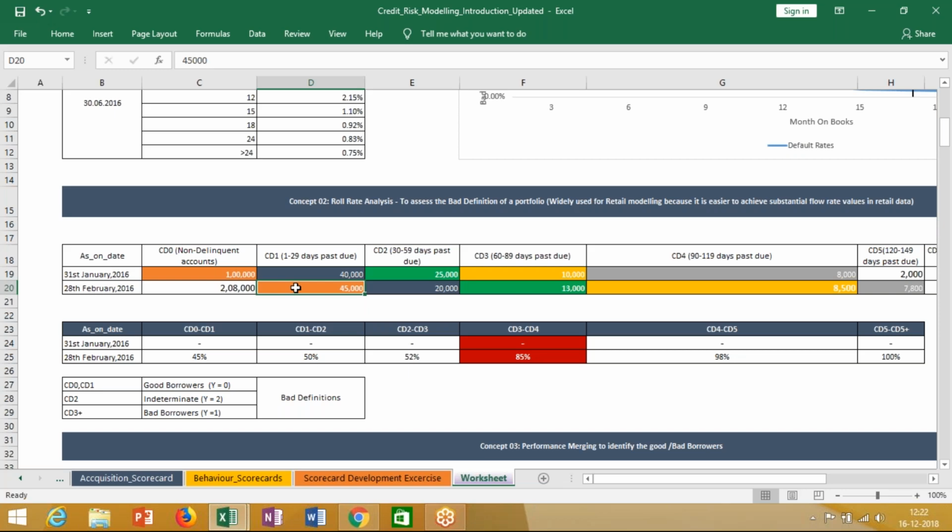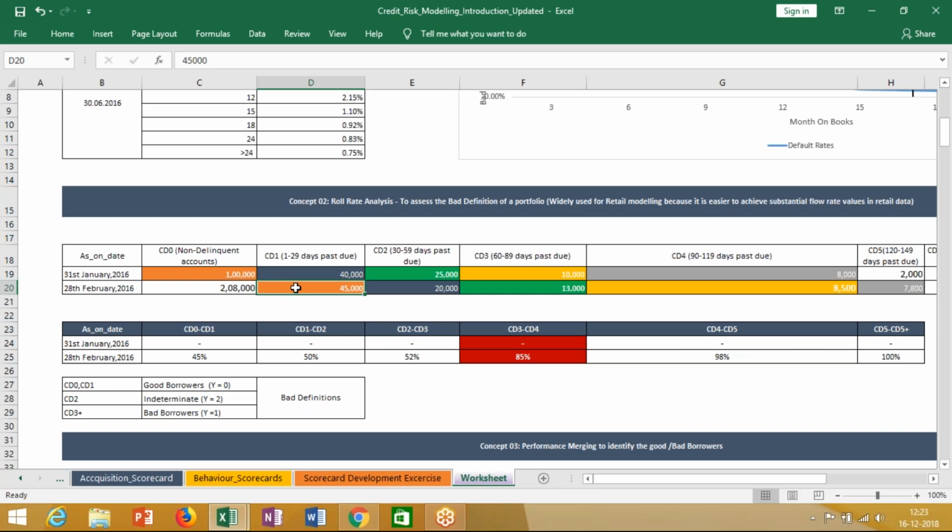Now, if I say that CD3 is my bad definition, it means that 52% of the accounts flow to the higher bucket, but 48% roll back or stay where they are. So you cannot conclusively say that there is a significant flow to the upper buckets.